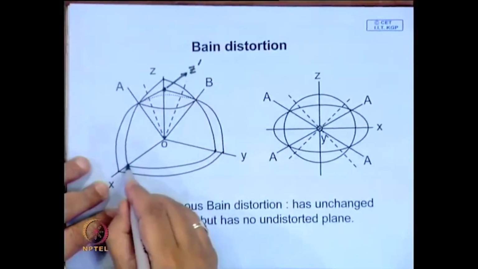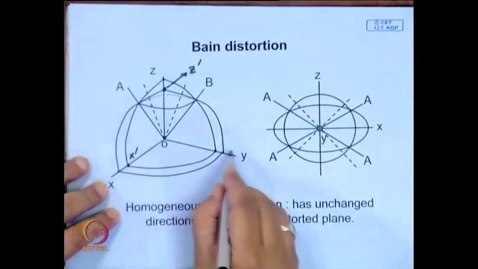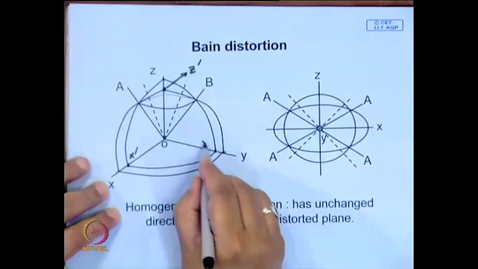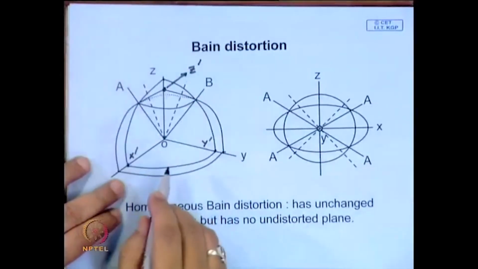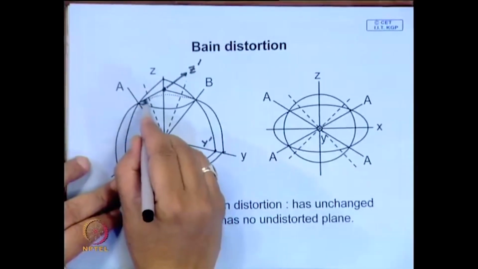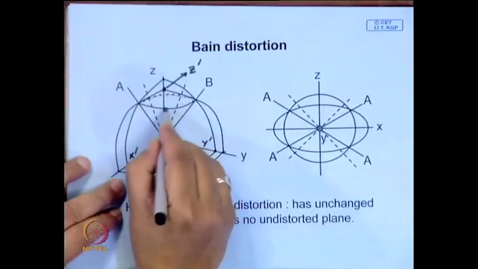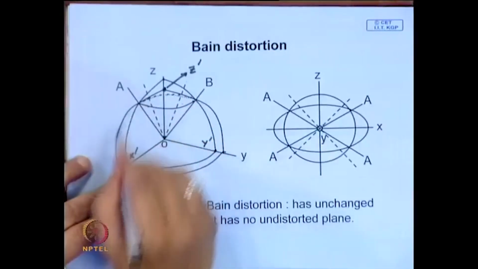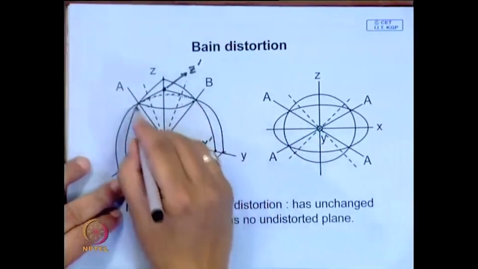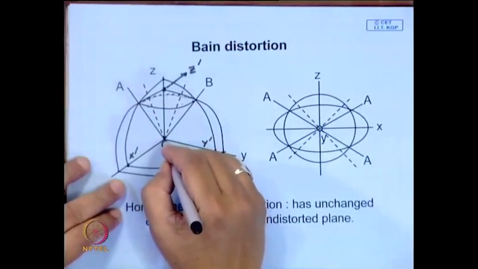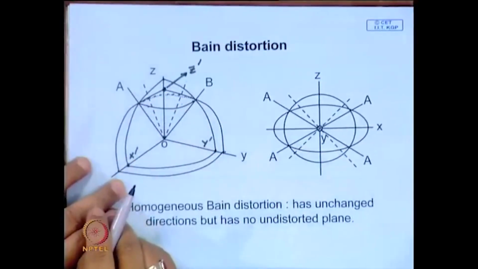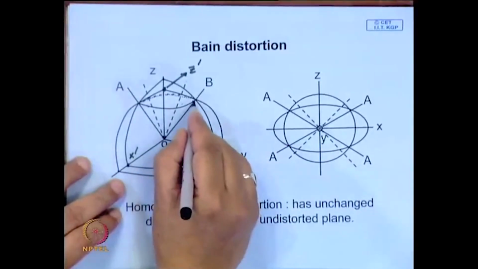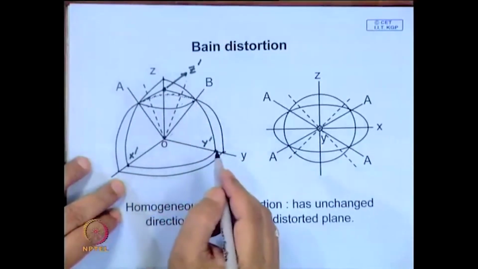Similarly, x you compress here, this goes as x star, y you compress from here to here, it becomes y star. So, now you construct this surface. What you find, these two surfaces will meet along this curve. So, this is a plane on which it meets. So, any direction on this cone, say O is the origin, OA, OB or any lines here which are lying on the cone, these directions are unchanged directions.